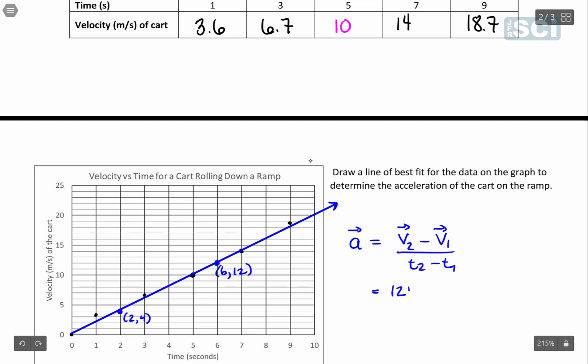So 12 meters a second forward, I'll use FWD, minus 4 meters a second forward, divided by 6 seconds minus 2 seconds.